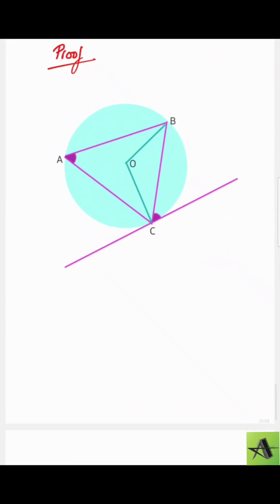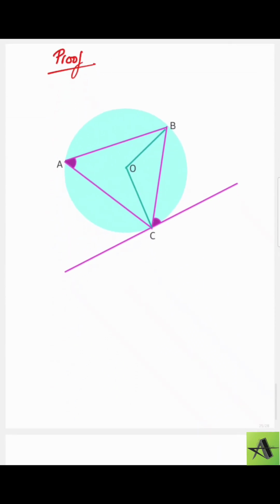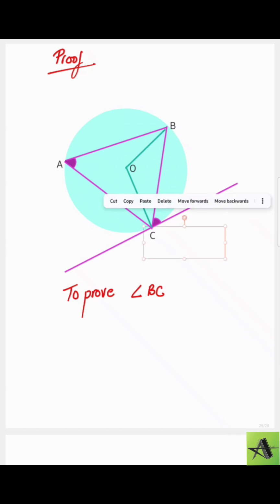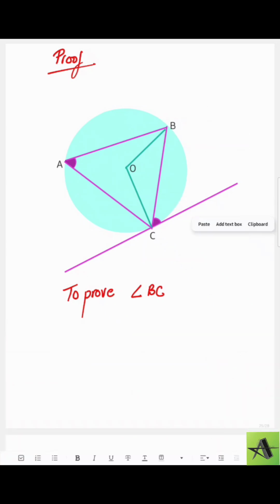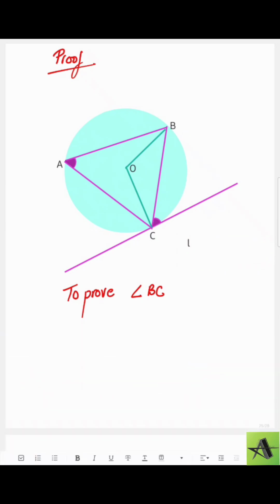Well, let me explain its proof. For the proof, there's a basic difference. There is a center, so we have just connected both the vertices to the center so that we can understand its proof. Now we have to prove angle BCL, and let me name this small l.